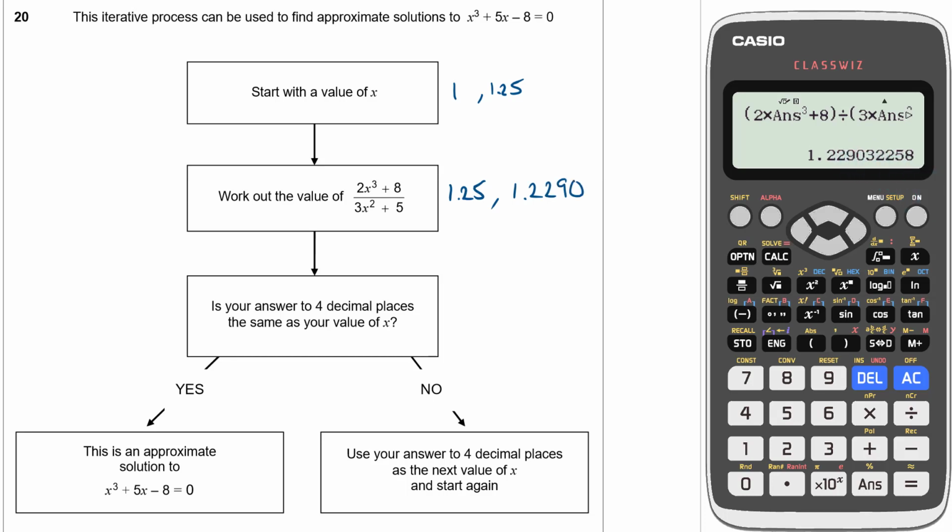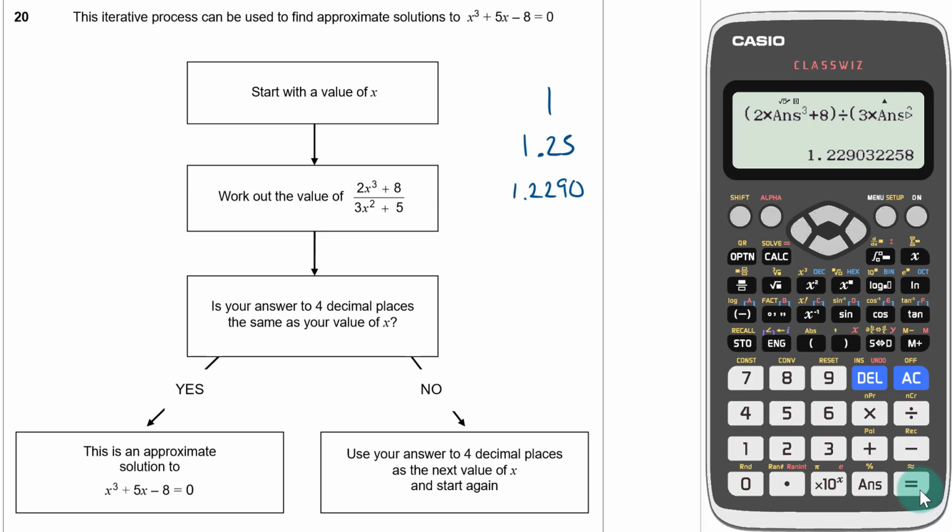We need to do these to 4 decimal places, don't we? Okay, so let's write this down as a table. The first solution was 1, and then we had 1.25, and now we've got 1.2290. Right, so now we need to feed that answer back in again.